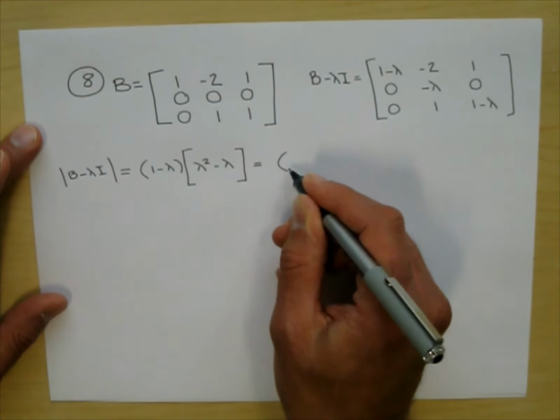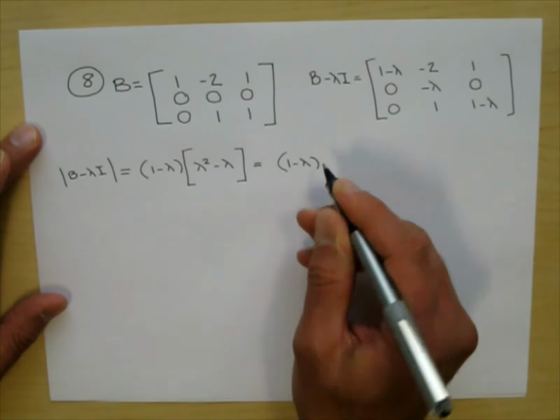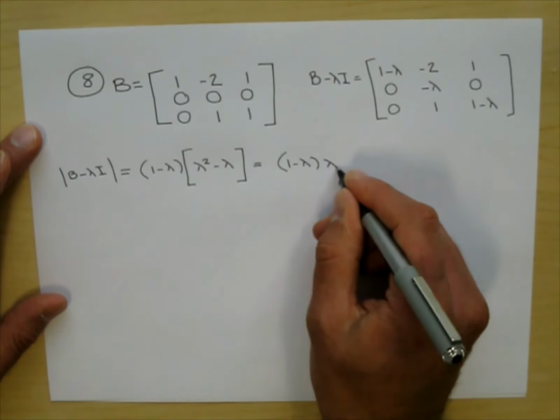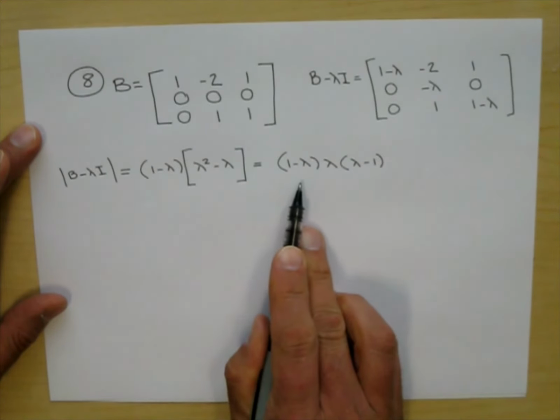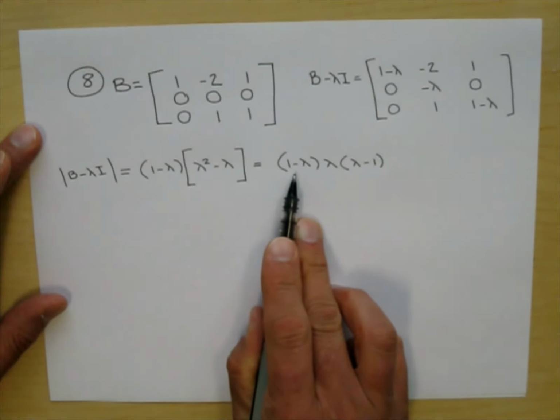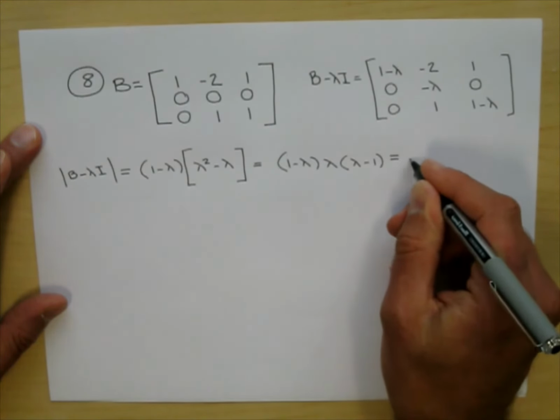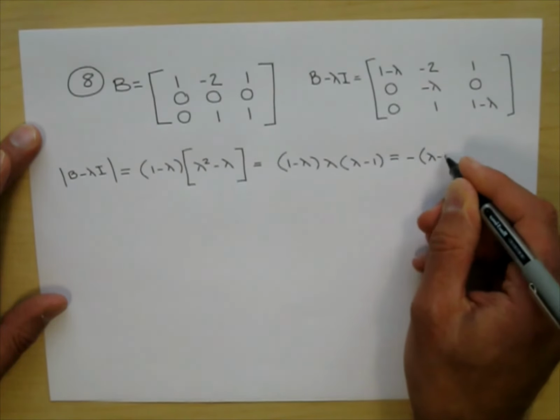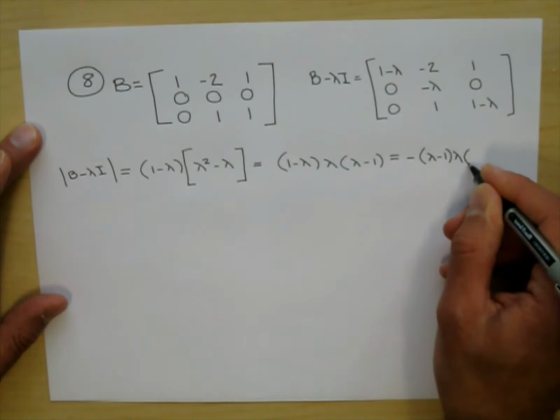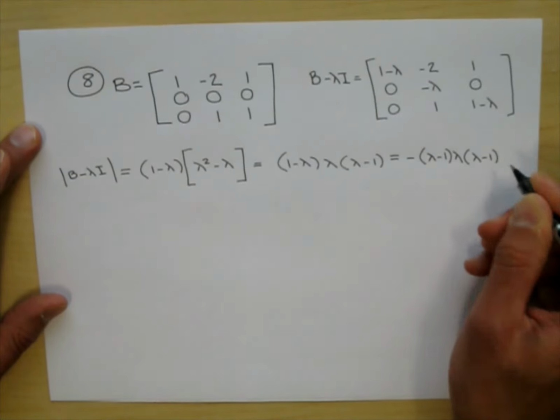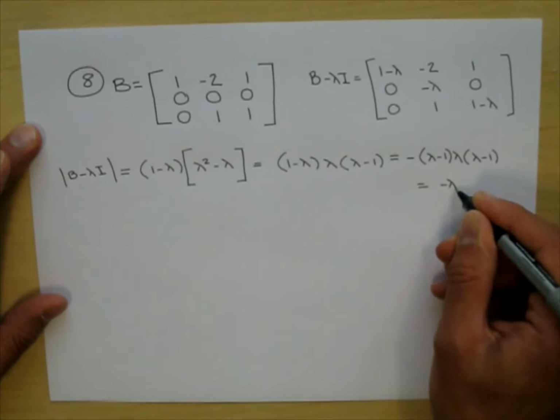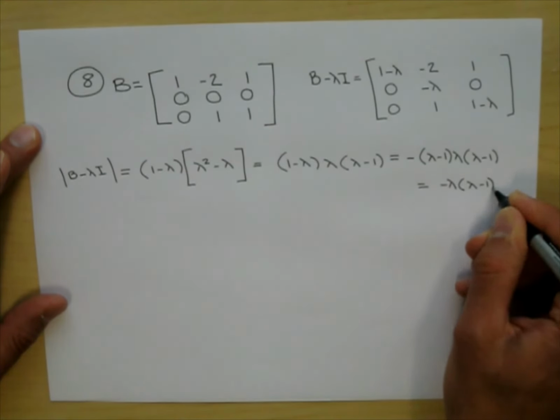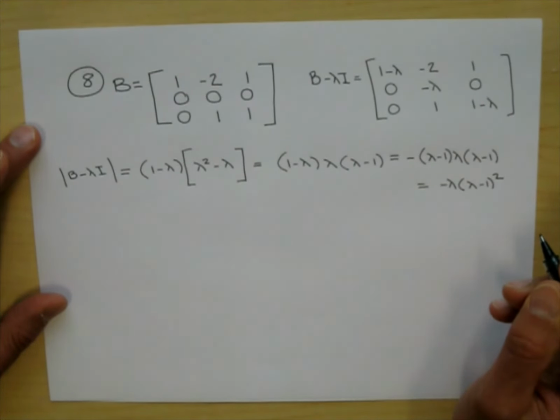So this is 1 minus lambda, factor out a lambda, and then we have lambda minus 1. I'll factor a negative out of that first factor, so this is negative lambda minus 1, lambda, lambda minus 1. So this gives me negative lambda, lambda minus 1 quantity squared.